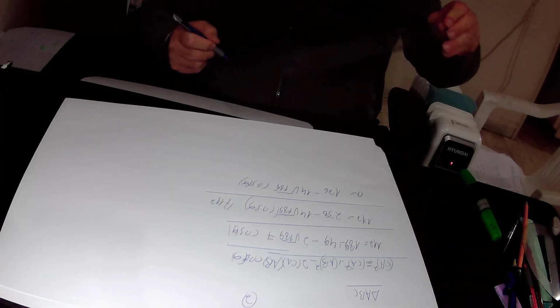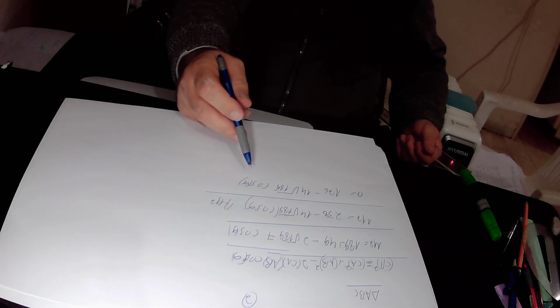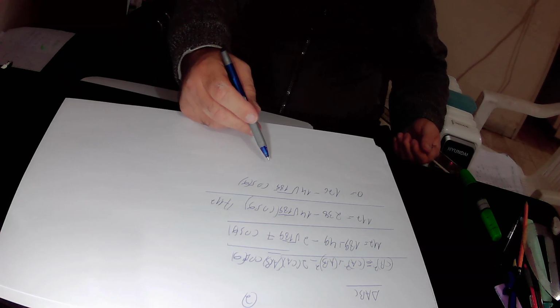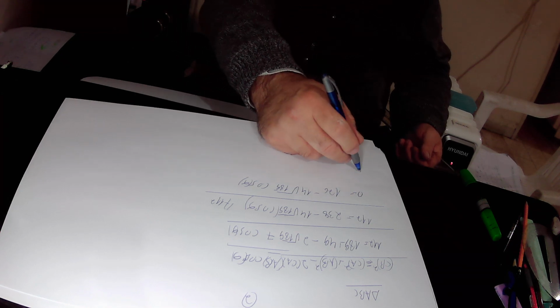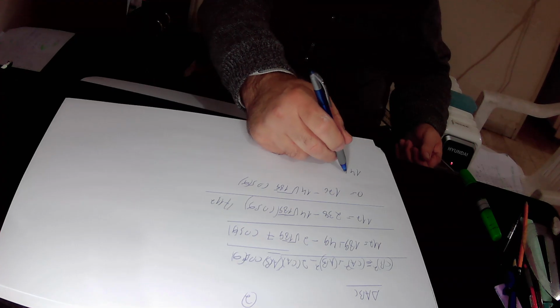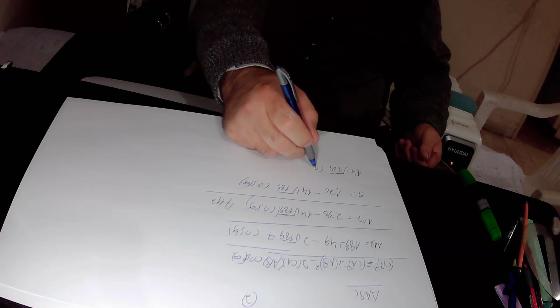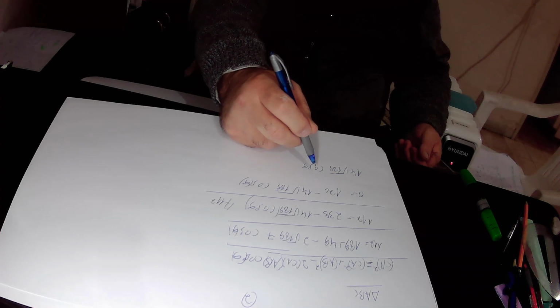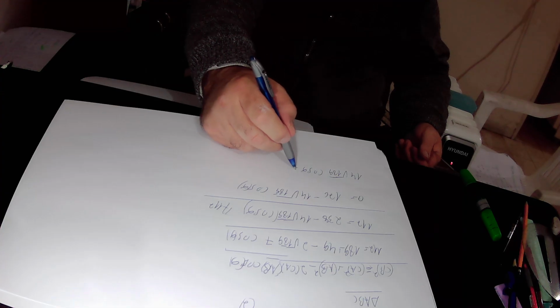So here we will add to this equation 14 times the square root of 189 times cosine alpha. So here we have 14 times the square root of 189 times cosine alpha. And on the other side of the equation we are left only with 126.